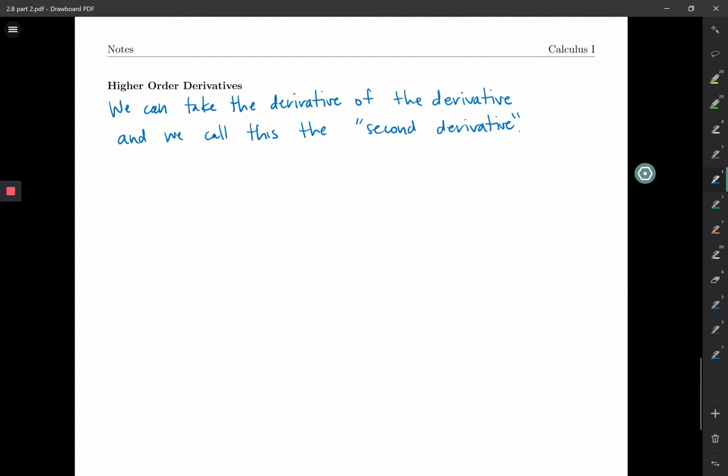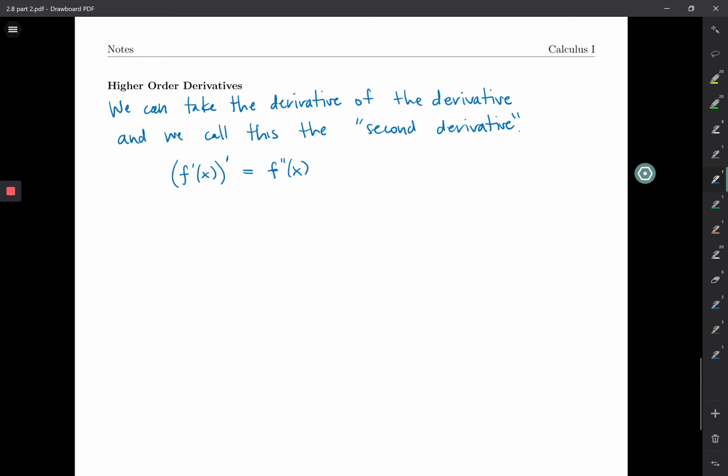Let's talk about the notation for the second derivative. Well, we have our first derivative, right? And then we want to take the derivative of that. So I put the prime on the outside of the parentheses to mean that we're taking the derivative of what's inside. And some nicer notation is just to do 2 dashes or apostrophes there, right?